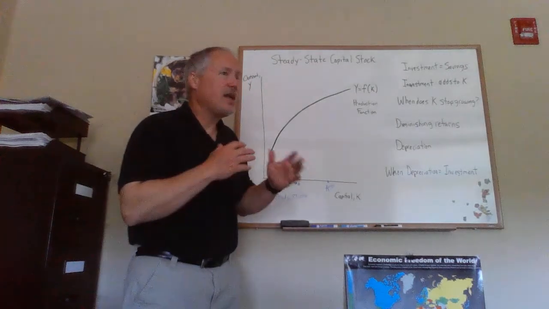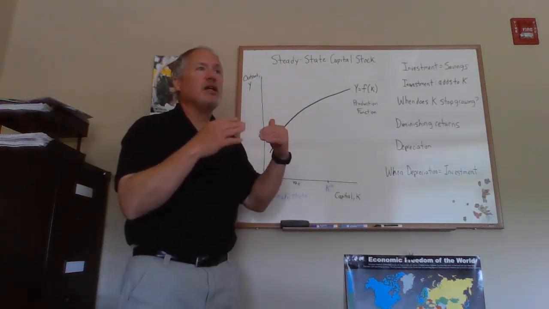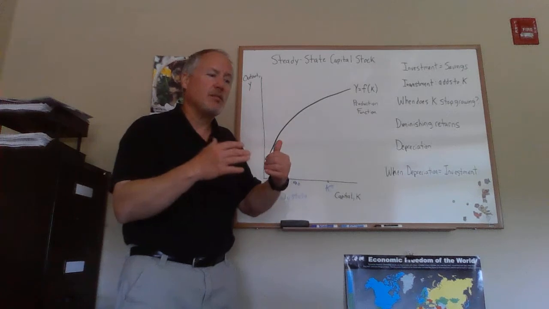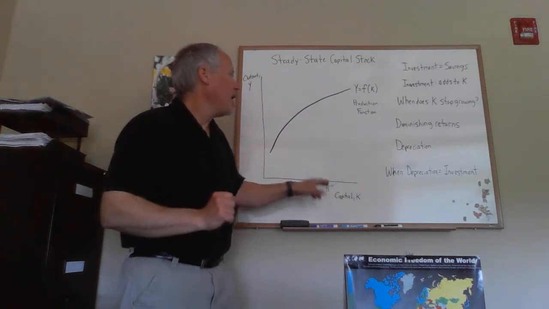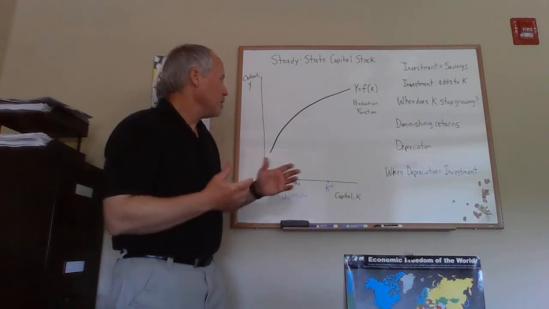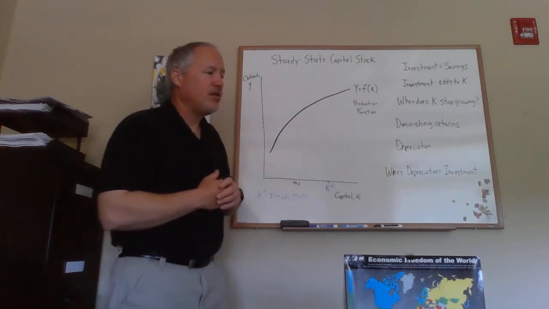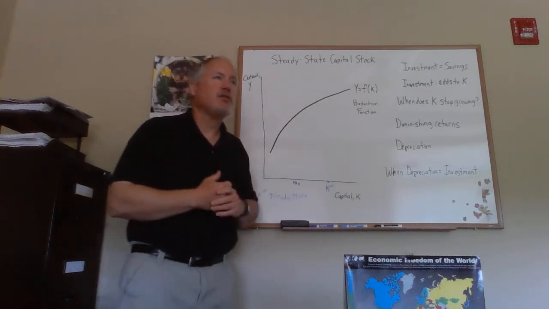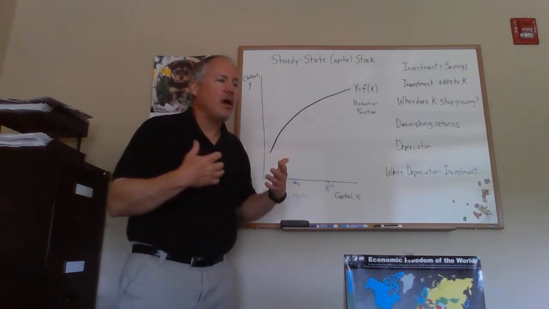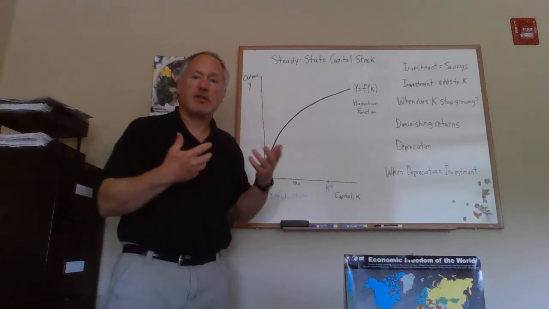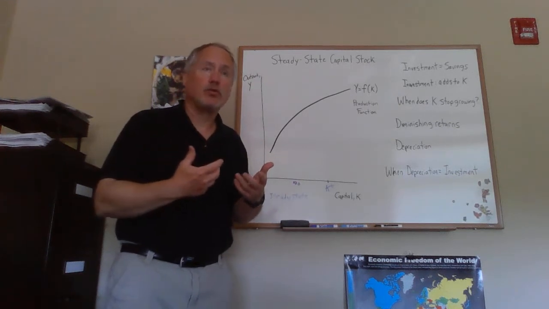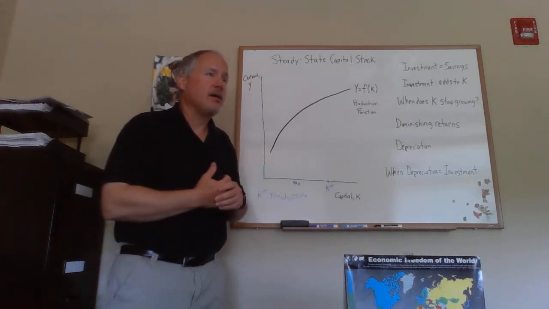And steady state is a way to think about an equilibrium or solution to the model where the capital stock is no longer changing. And then that's what we could say in terms of the level of output. And that's how essentially we solve the Solow Growth model. We get this steady state outcome in the Solow Growth model.